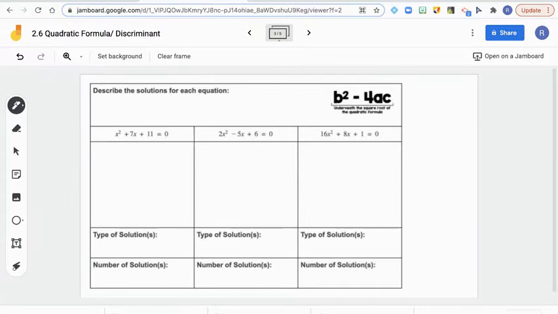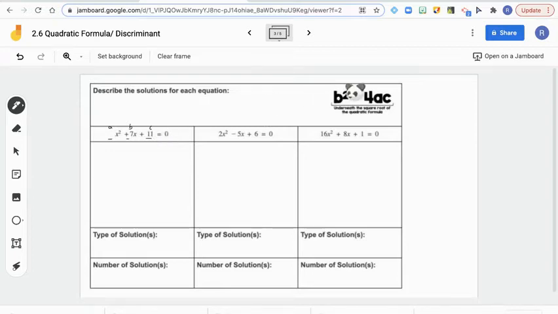So let's take a look at some problems. Remember that our A, B, and C are these numbers that are out in front of those different values. It has to be written in standard form. So this here is our A, this is our B, and this value is our C. Now many of you have worked with that quadratic formula before, so you're a little familiar with that.